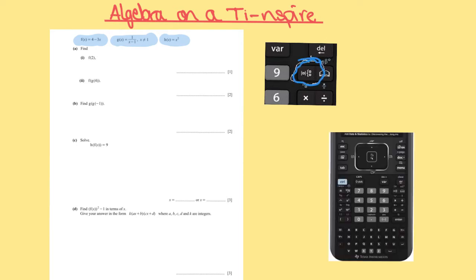So to use that button, you would press Control followed by that sign. Let's go to our TI-Nspire, define our three equations, then solve the various questions on the IGCSE paper.